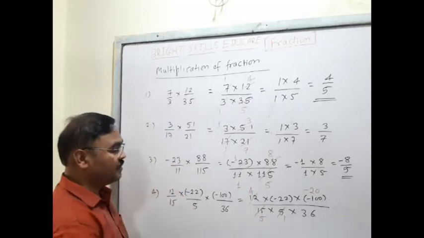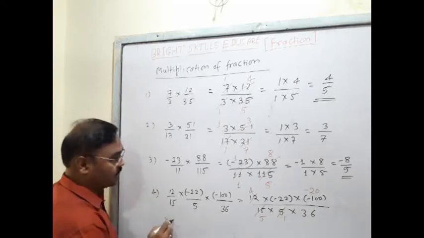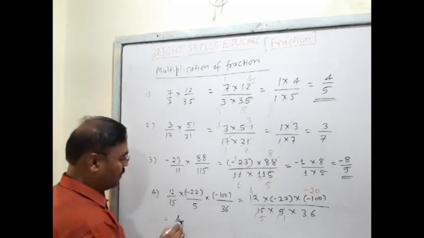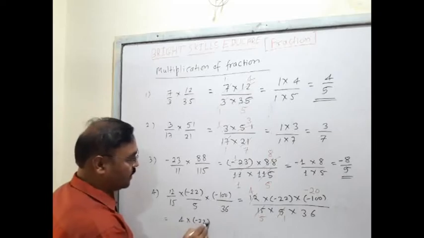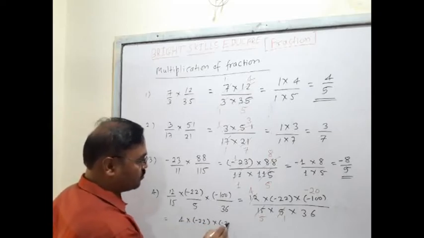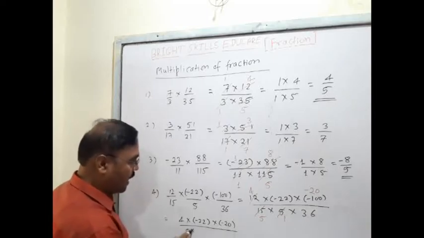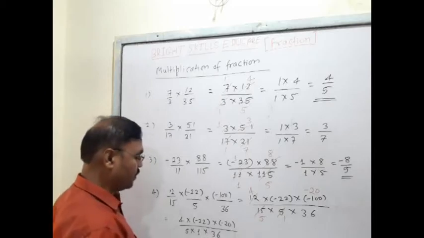So instead of jumbling here, again you write whatever has come, equal to 4 into minus 22 into minus 20 upon 5 into 1 into 36.